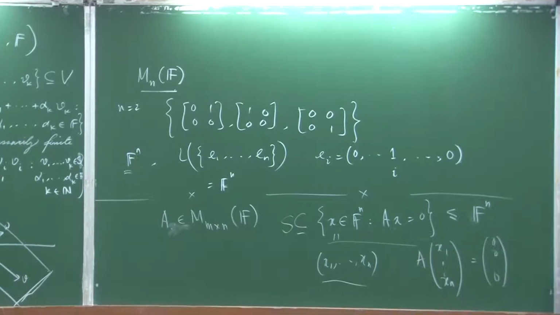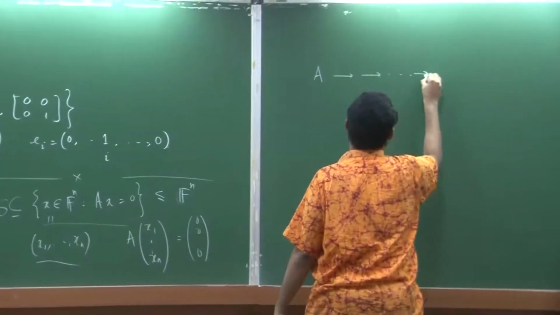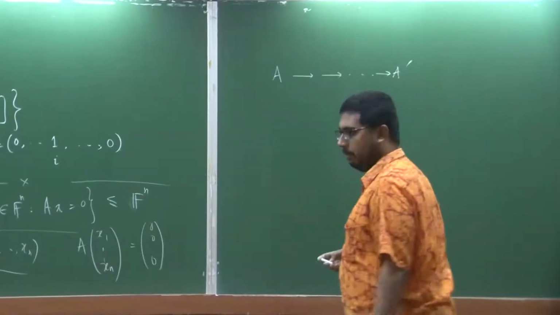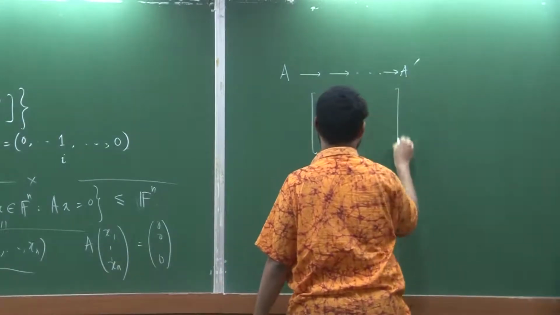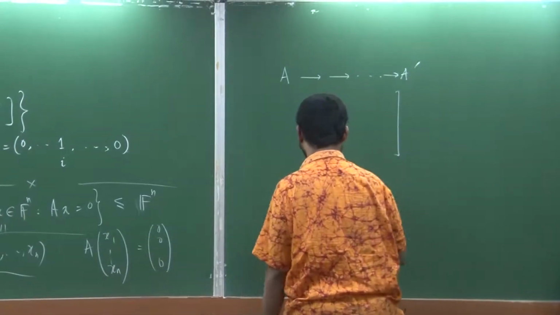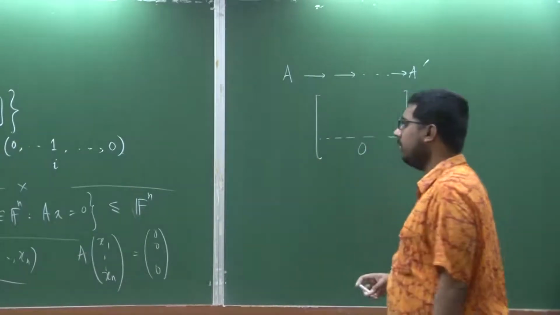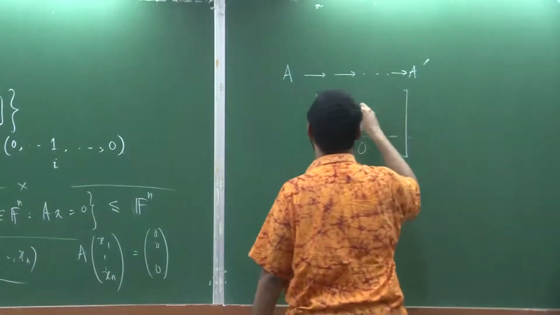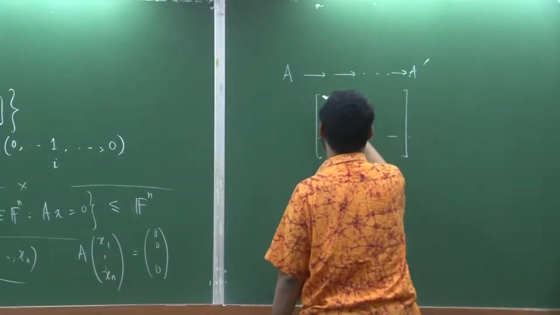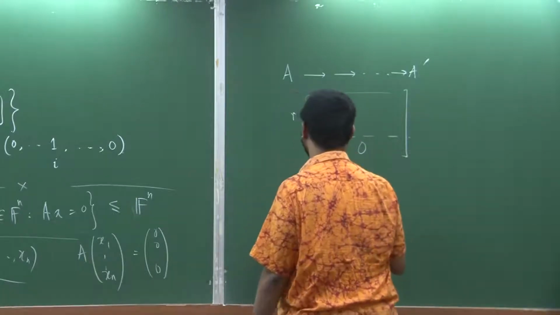We do it in the following way: starting from A, we reduce it to its row echelon form A prime. Then in the row echelon form, we will have some 0 rows. Let the first r rows be non-zero.